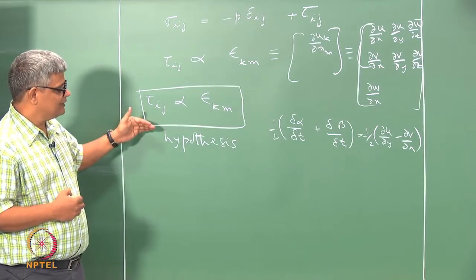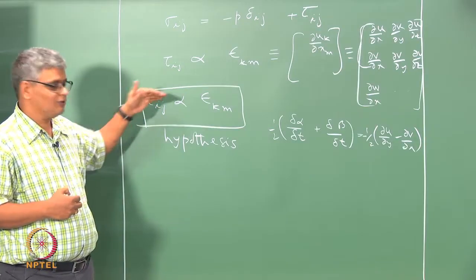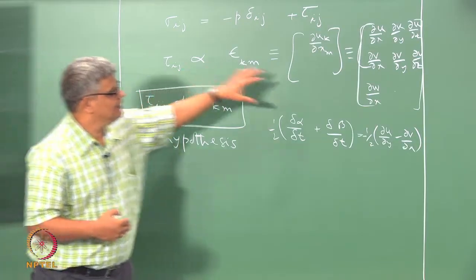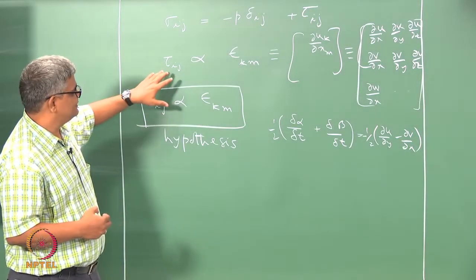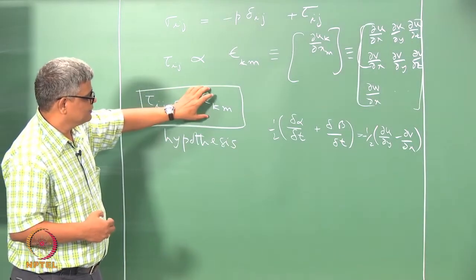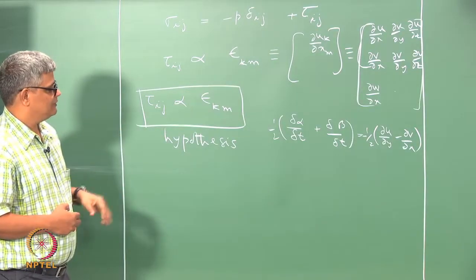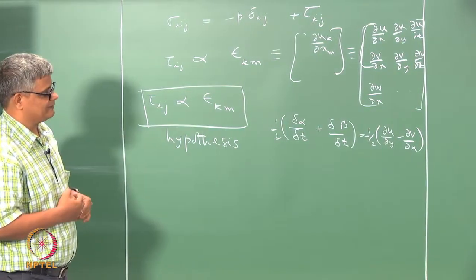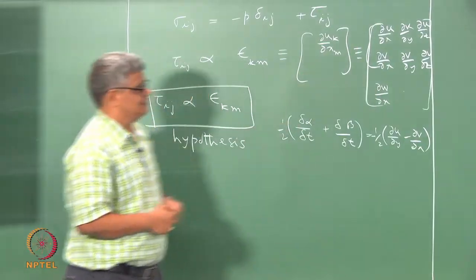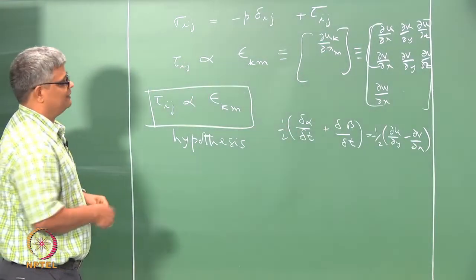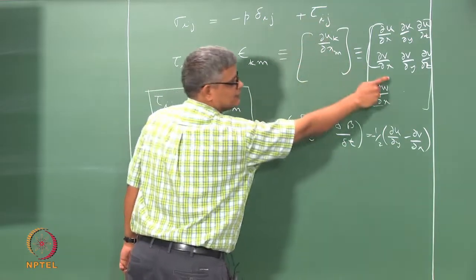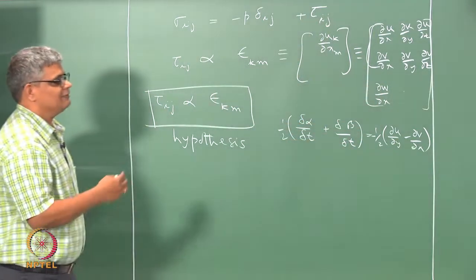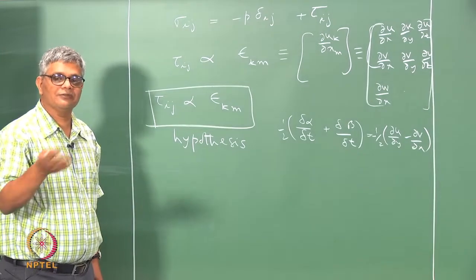So with this, we would like to have a mathematical formulation, so that we can rewrite this tau ij in terms of this deformation strain rate tensor involving the velocity gradients. If you substitute this into this, then the stresses would disappear and you will only have velocity gradients, and the velocity gradients are not new variables.